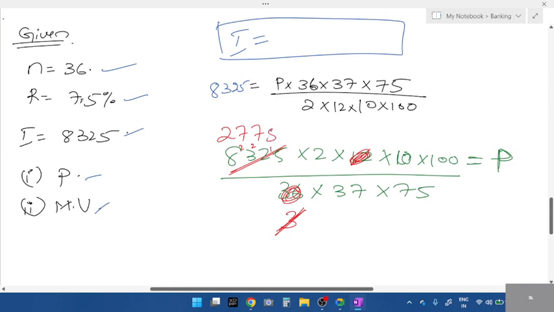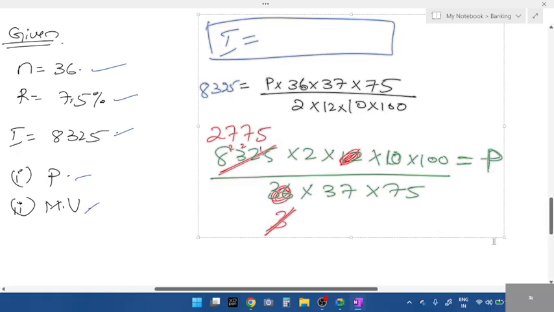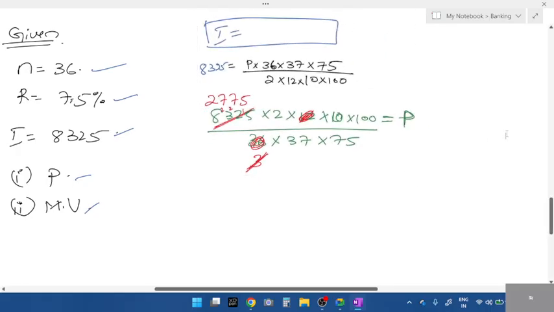How come 20? Yes, 2775, right? See, 37 is a prime number, students. Being a prime number, it might definitely go into 2775. This calculation was tough. That's the reason I've given it for homework. Okay, keep 37 as it is. Reduce 25. Look, 25 fours are 100, 25 fives are, 5 ones are, 5 twos are. So principal is equal to, what are the numbers we have? 2775 into 2 into 2 into 4 divided by 37.